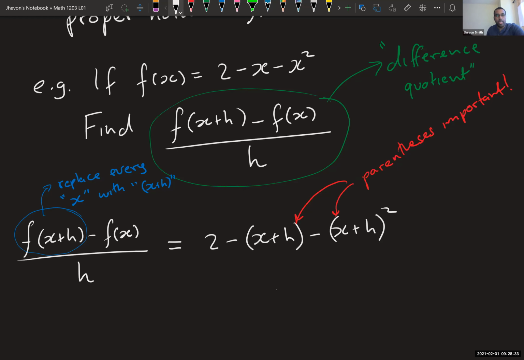So that's f of x plus h minus, now I'm going to write f of x. Now f of x is what I told you, 2 minus x squared. So this is going to be 2 minus x squared and all over h. So now we're good, right? Agreed? Everyone give me a thumbs up.